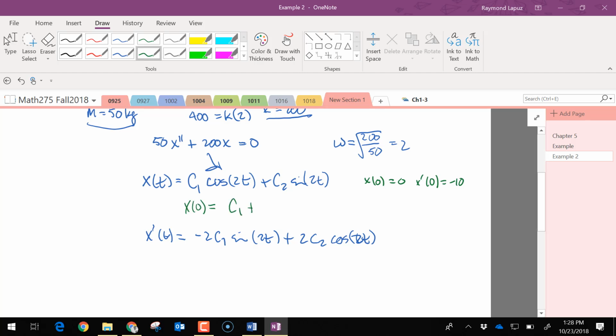this is c1 plus 0 is equal to 0. So c1 is equal to 0 in this case. And then here for the first derivative, we put 0 in for t, and then we have 0 for the first one plus 2c2 times 1 is equal to negative 10. So c2 is equal to minus 5.